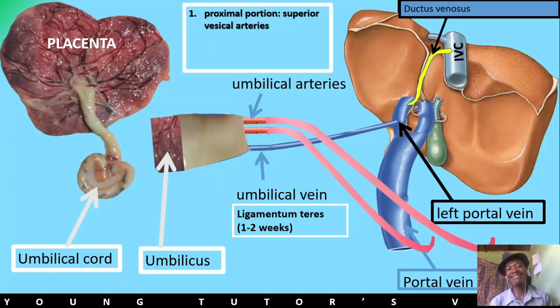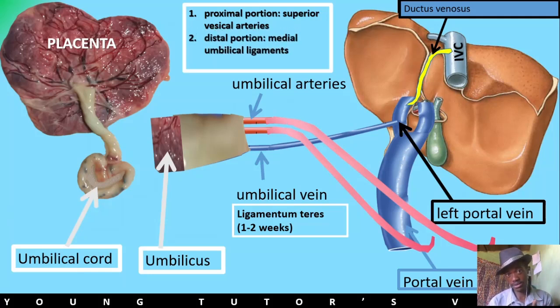And then what will happen to the distal aspect where they are continuing to connect to the umbilicus? What happens is that the distal portion is going to lose its fibrinogen, and the fibrinogen is, of course, replaced by collagen and other fibrous tissues, so that the distal portion can form the medial umbilical ligaments.